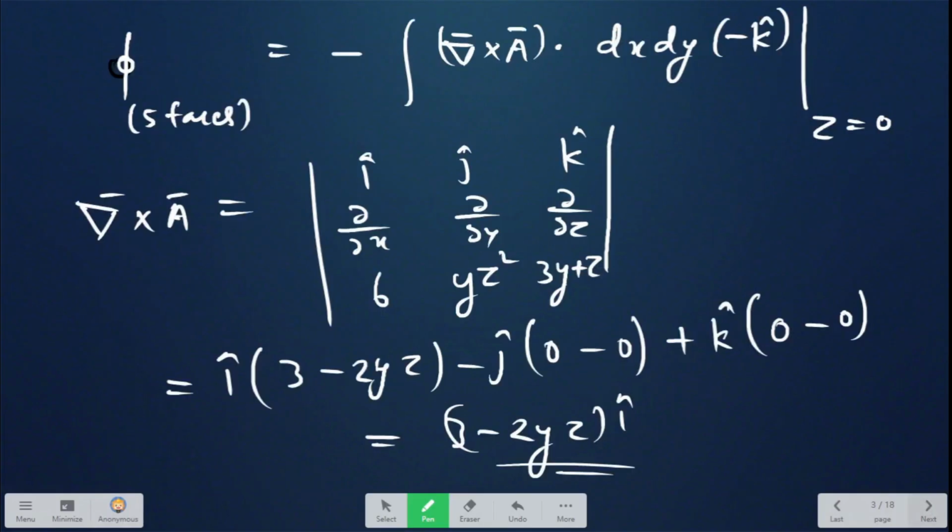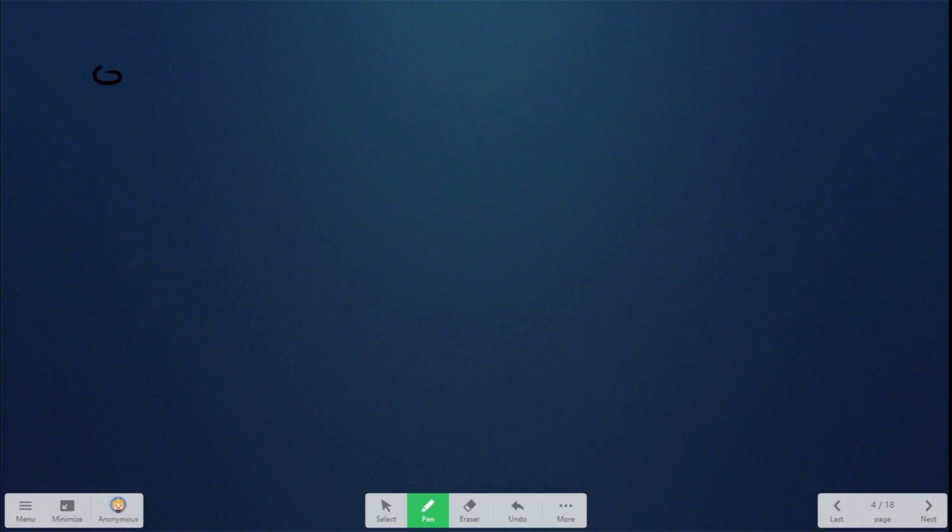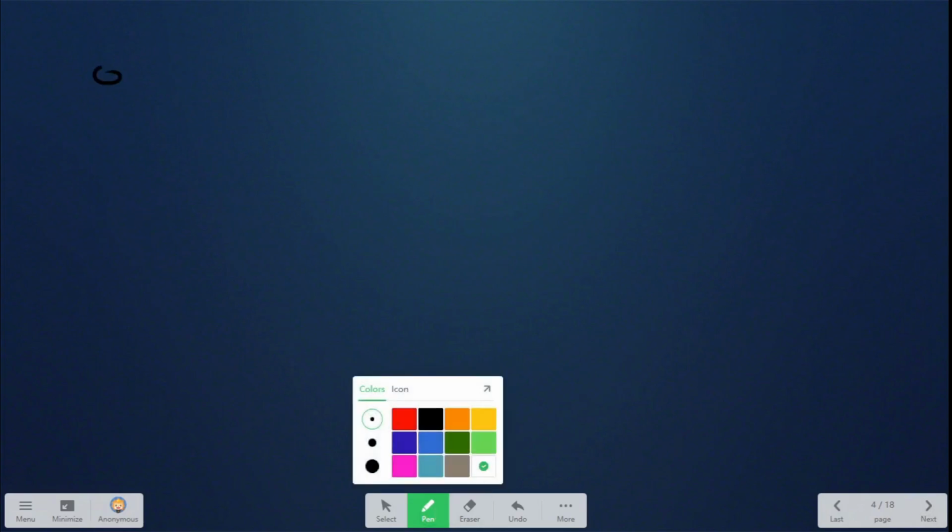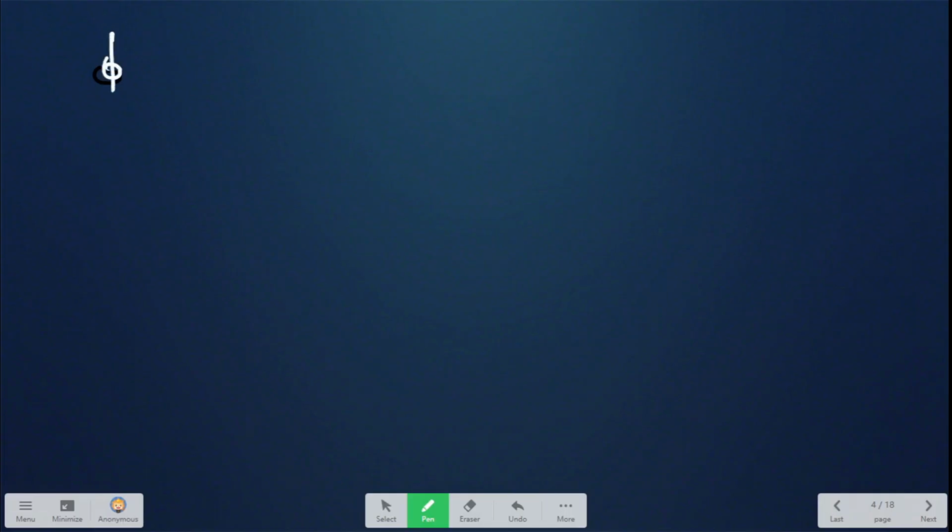Therefore we have magnetic flux through 5 phases equal to minus of integral of (3 minus 2yz) i cap.